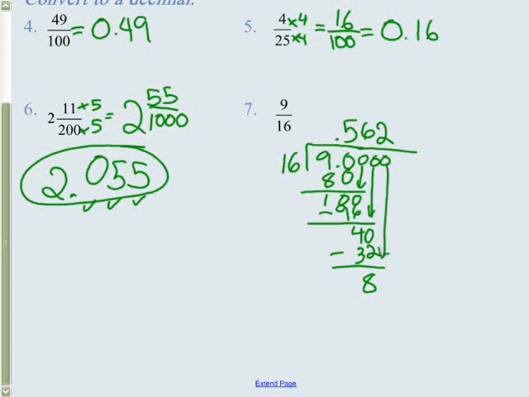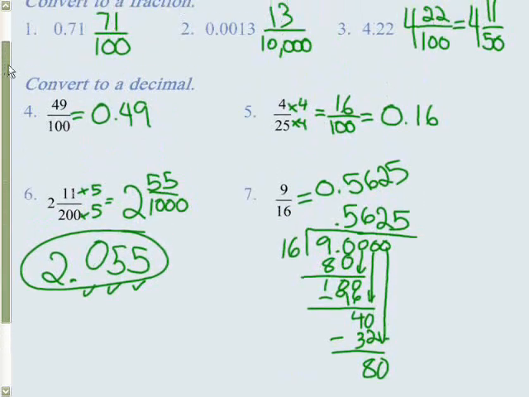And 16 goes into 80 5 times. So 9/16 is equal to 0.5625. And that is how you convert fractions to decimals. Hope you got all of these right.